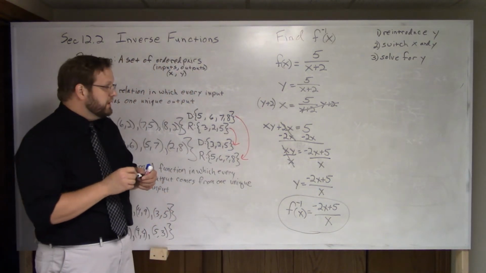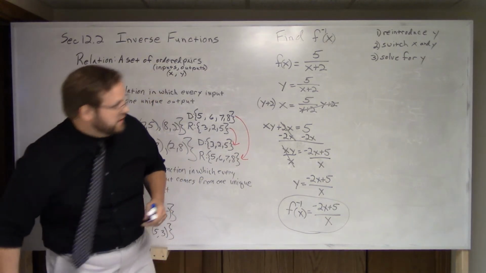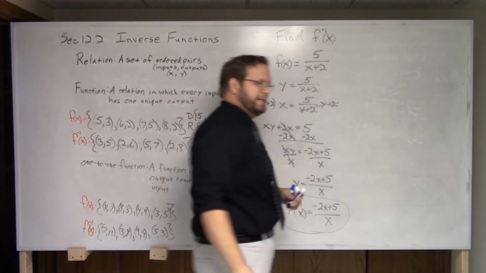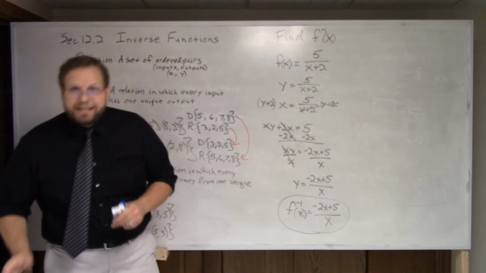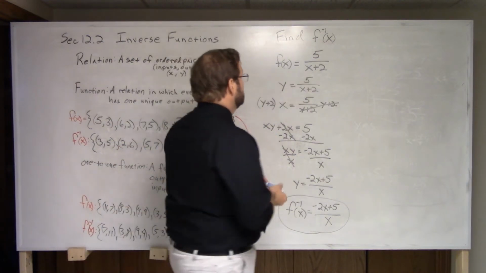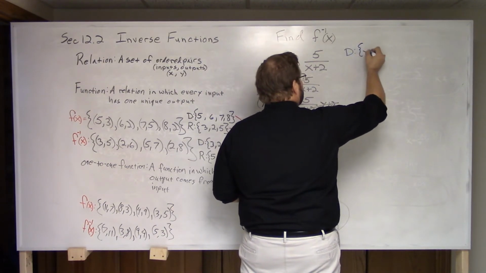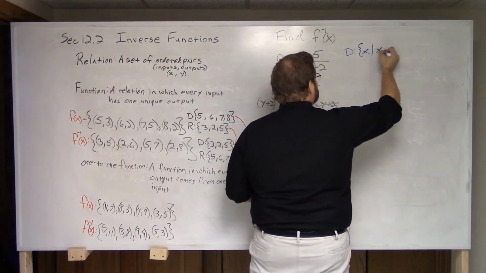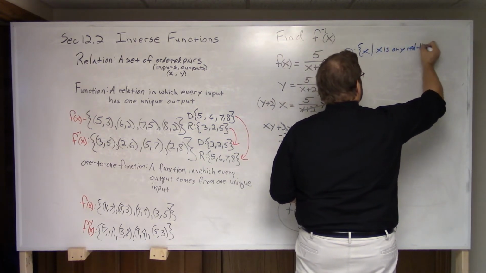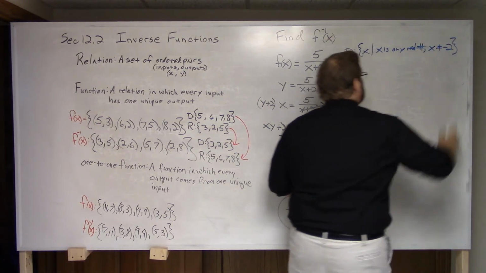Okay? Now, here's something that I want to be very clear on. So let's see how this is going to play out. Let's go back to that idea of domain and range. In the past, all I could do is look at this function and say the domain is the set of all x such that x is any real number, but x is not equal to -2.